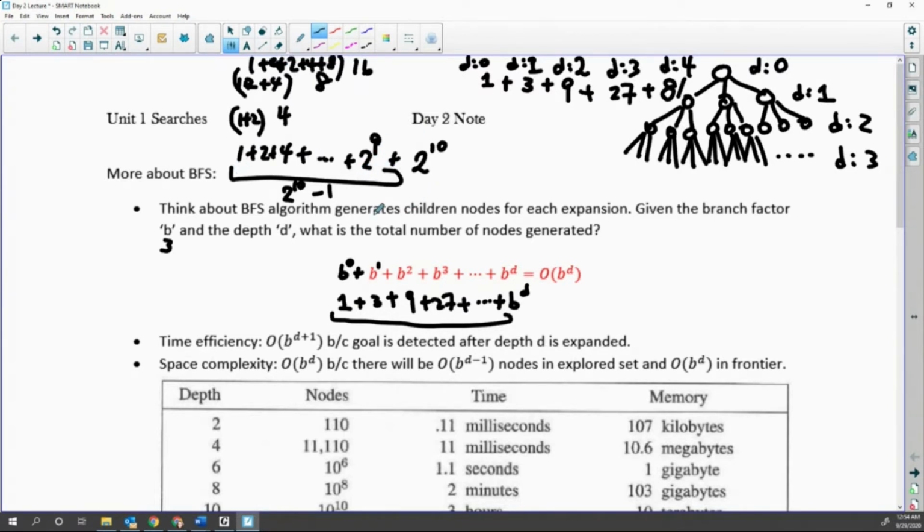So the sum up to 2 to the 9th is 2 to the 10th minus 1. Let's say 2 to the 10th is a big X. That means big X plus big X minus 1, which is 2x minus 1. The Big O of 2x minus 1 is Big O of X. So this one's Big O is b to the d.